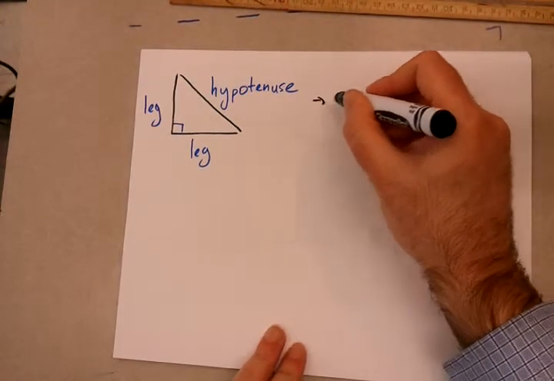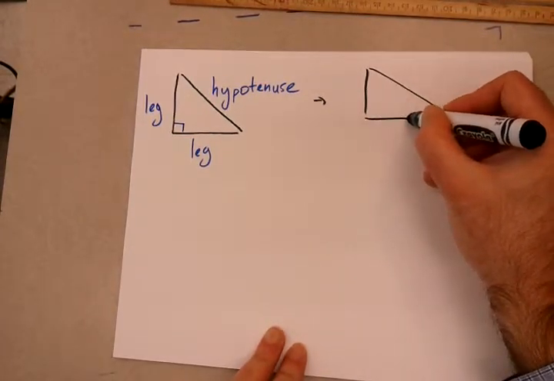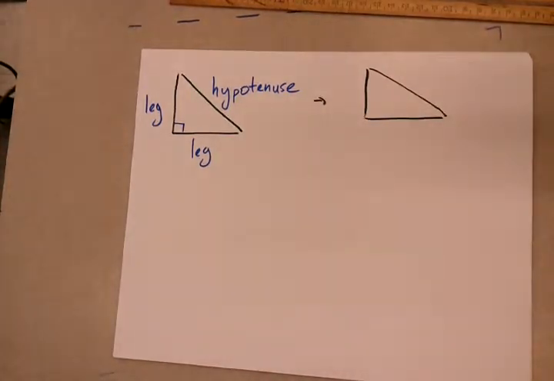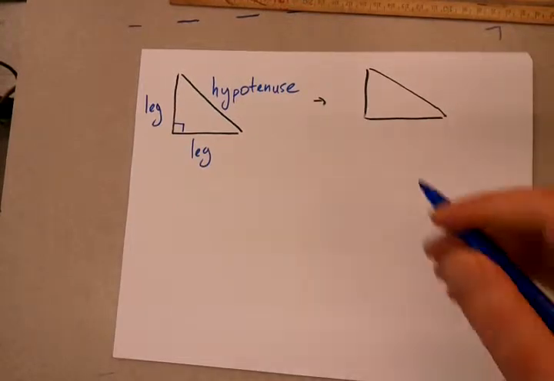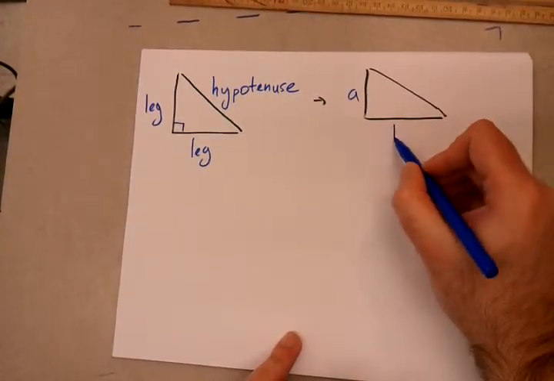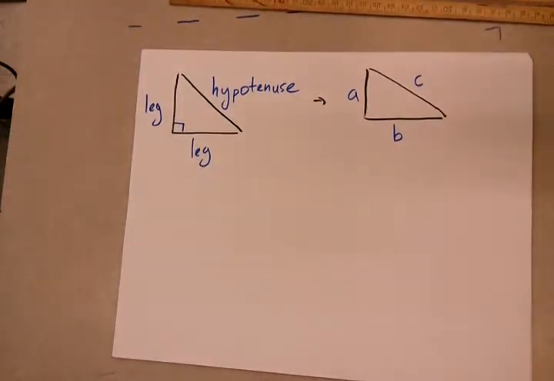So if I were to label this particular triangle using three variables, and if I were to choose the variables A, B, and C, I would assign variable A to one of the sides, variable B to the other side, and variable C always goes with the long side.